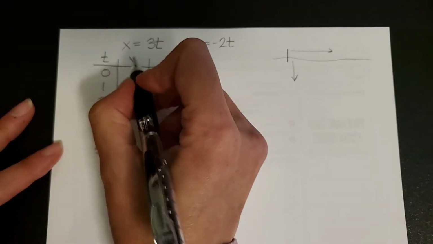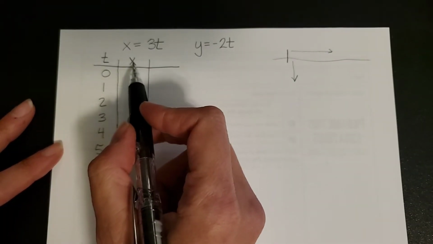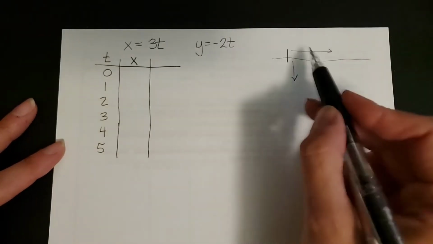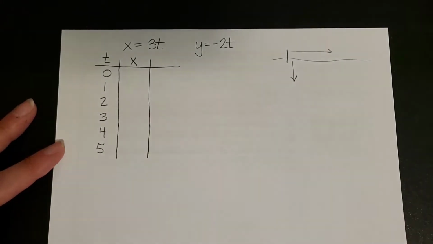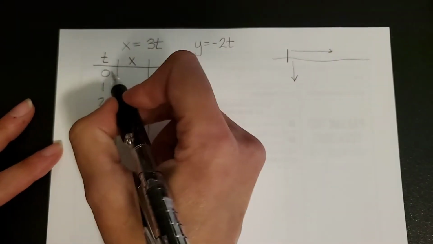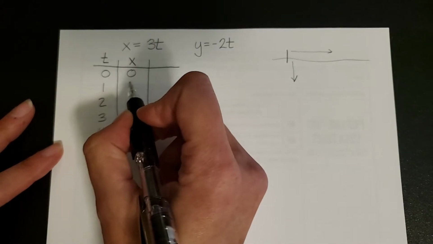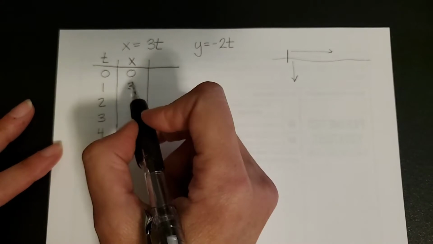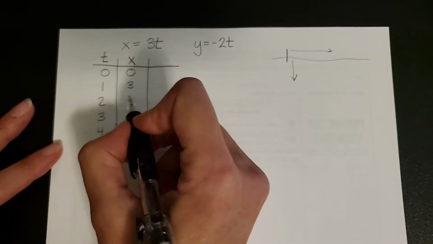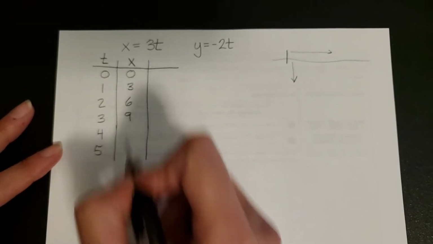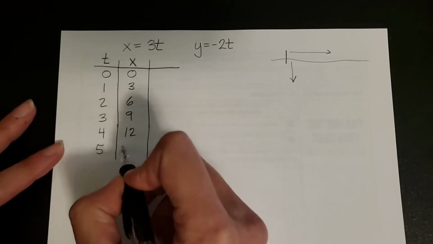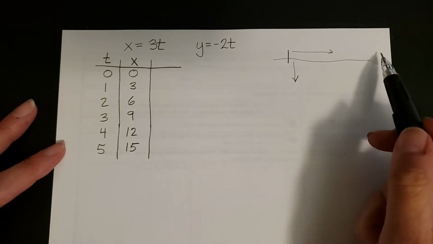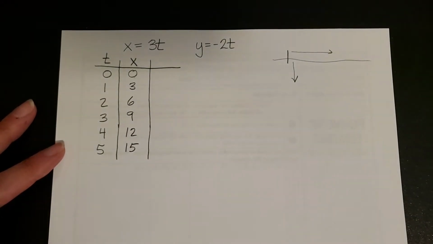So my x value, I'm going to figure out what my x coordinate is by plugging t values into the equation x equals 3t, because I'm going to the right 3 feet per day. So 3 times 0 is 0, just in case you were wondering. And 3 times 1 is 3, times 2 is 6. On the third day, it's 9, 12, and 15. So on the 5th day, I've managed to go 15 feet horizontally.